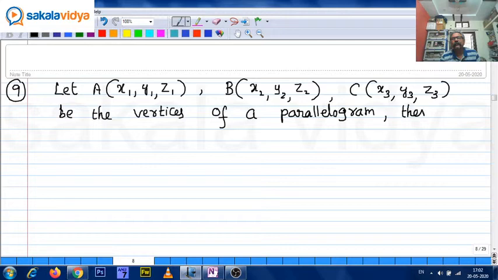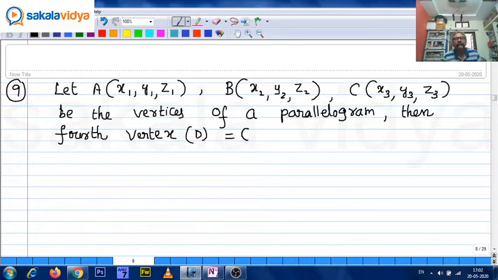Then the fourth vertex D, say for example D equals to... So this is the concept we need to find out. If three of the vertices of a parallelogram, rhombus, square or rectangle are given, then how to find out the fourth vertex? Its fourth vertex we need to find out.